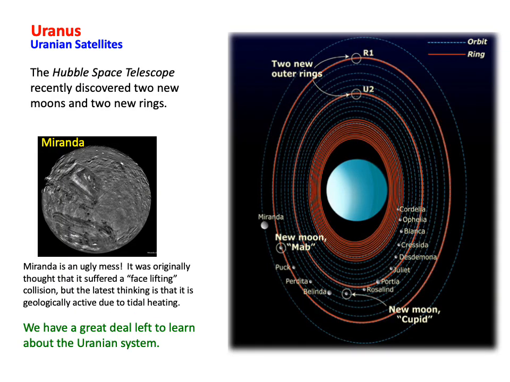So here's another picture of the Uranian system. And one of the things that's interesting about this is that this system is actually on its side, whereas most planetary systems, their moons and their rings are pretty much in the same plane as their orbital plane. This system is on its side.